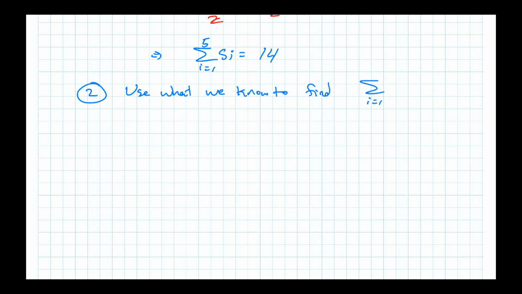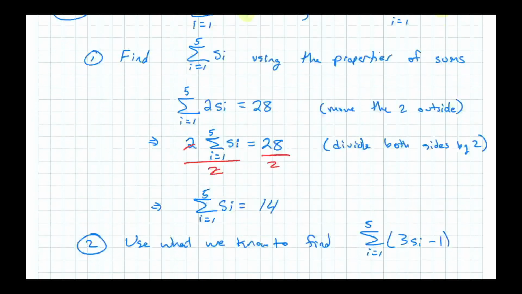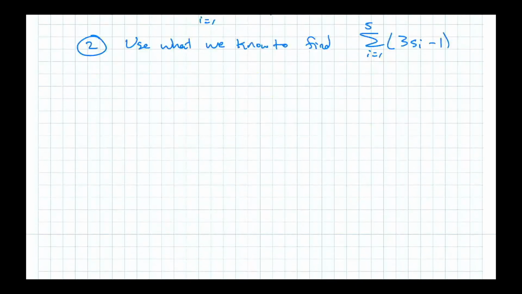The sum from 1 to 5 of 3si minus 1? Yeah. Okay. So let's do that. So we start out with the sum from 1 to 5 of 3si minus 1. And we apply these properties.